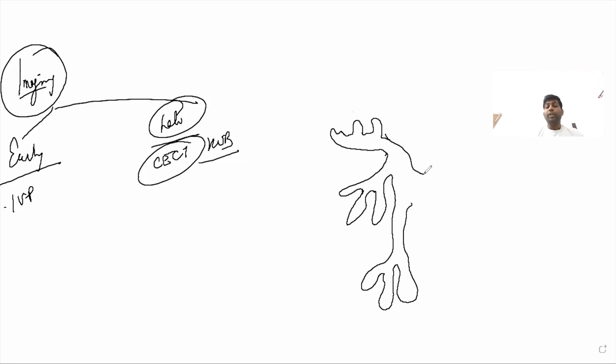Let us assume the lower pole calyces have been infected with tuberculosis. Because of the inflammation, the calyces become very ill-defined. This leads to the appearance called fuzzy calyx. So the earliest change is fuzzy calyx.